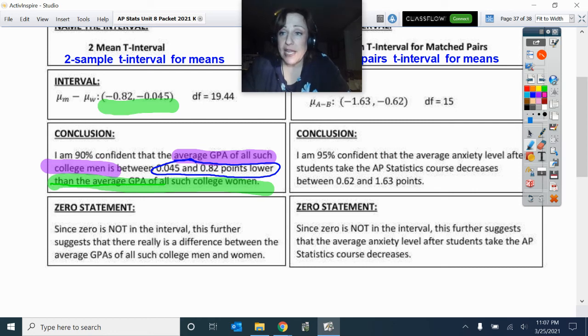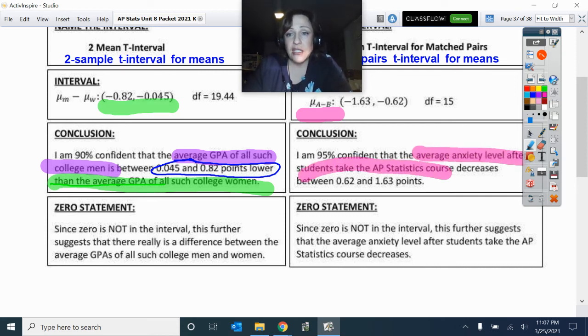Let's contrast that with our conclusion for our paired data, our 1 mean. I am 95% confident that the average anxiety level after students take the course, 1 average level.